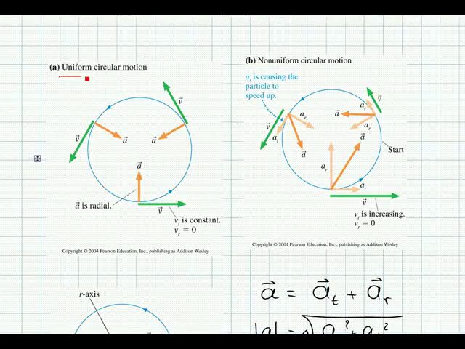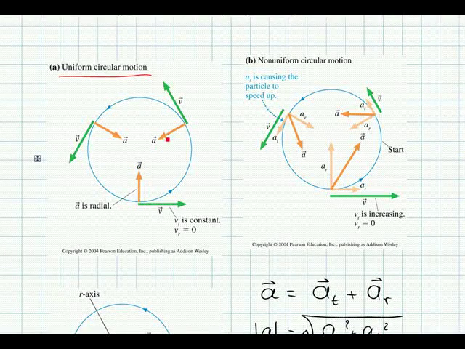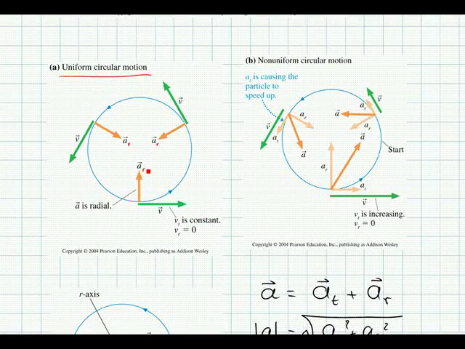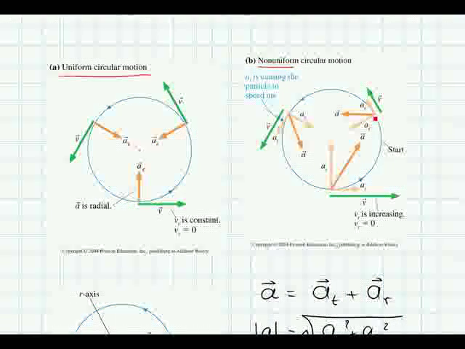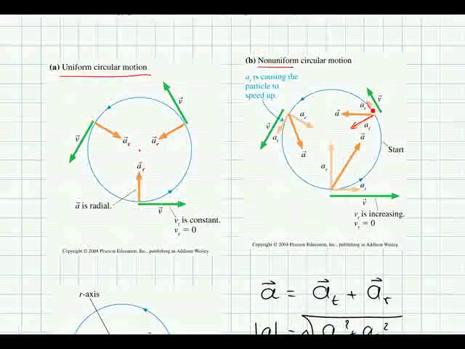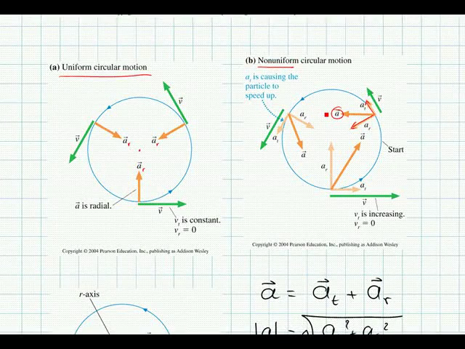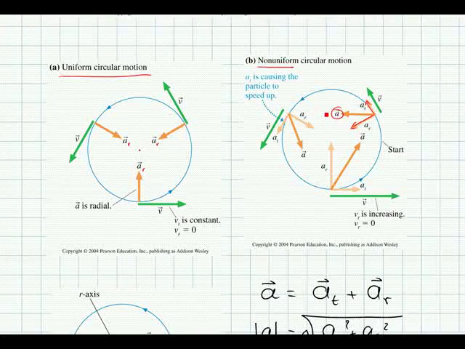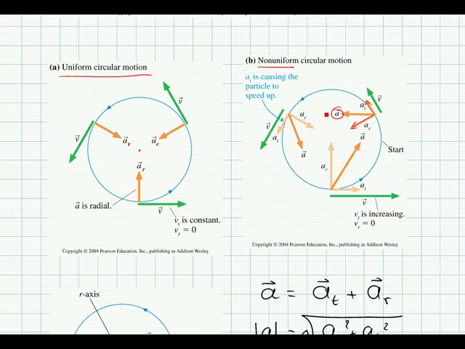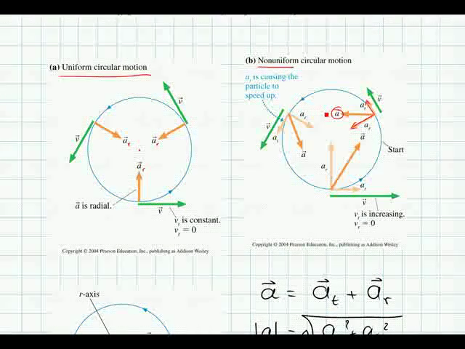So in a uniform circular motion, the acceleration vector is simply a_r. It points towards the center, along the radial direction. But in non-uniform circular motion, we have both a_r and a_t. So the net acceleration a is made up of the components along the tangential coordinate and the radial coordinate.